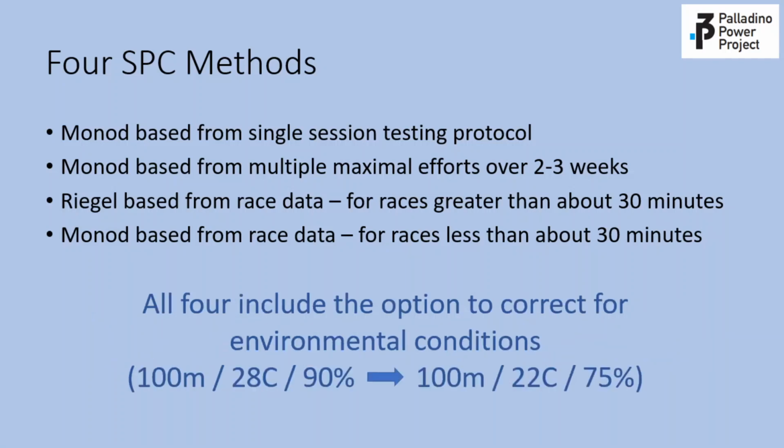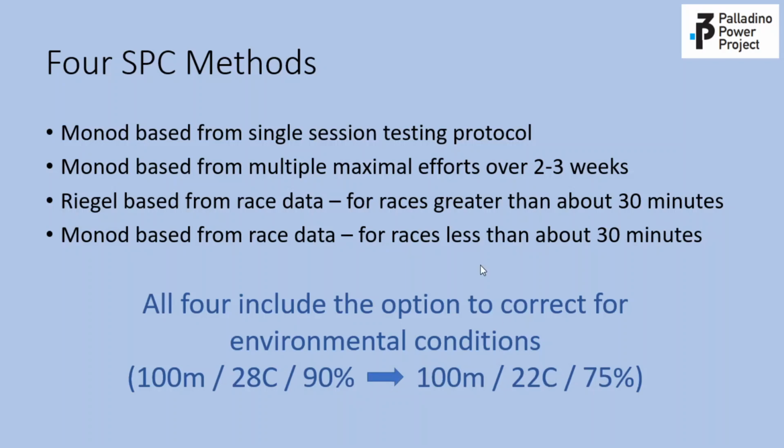That said, all of these calculators in the SuperPower Calculator have the capacity for doing condition correction. So let's say you did a 5K at 100 meter altitude, 28 degrees Celsius, and 90% humidity, but you normally train in different conditions, 22 Celsius and 75% humidity.